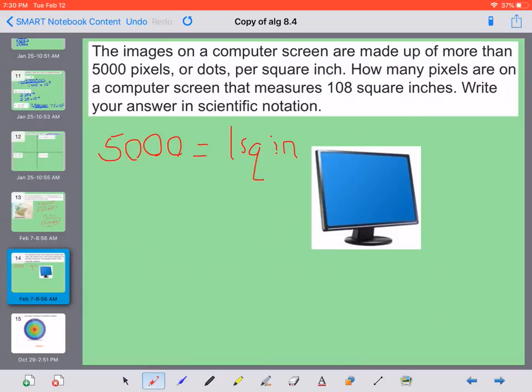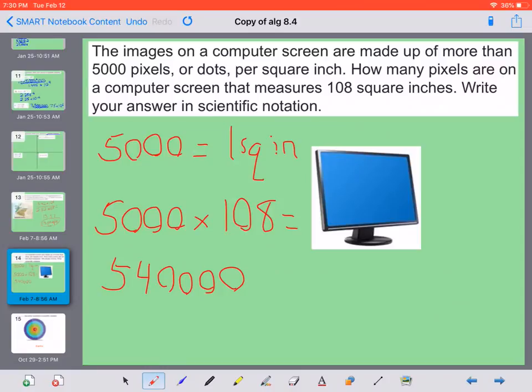So what we're going to do is take that 5,000 and multiply it by 108. So 5,000 pixels times 108 square inches gives us 540,000 pixels.